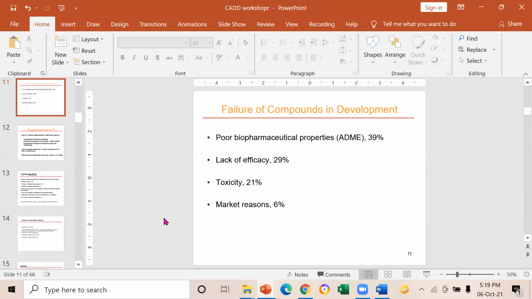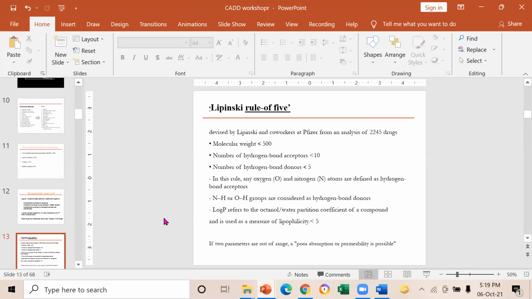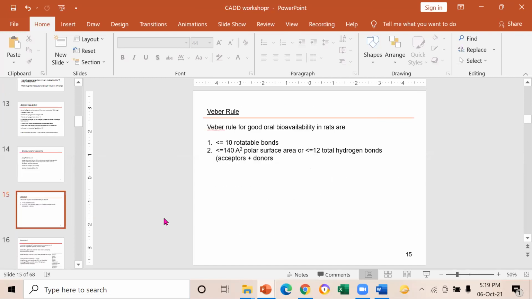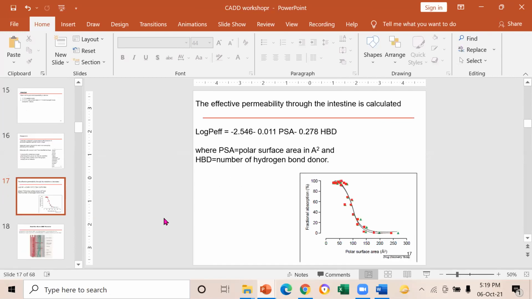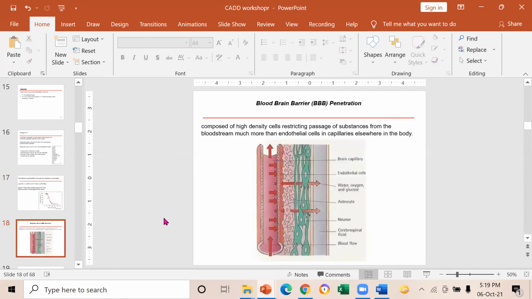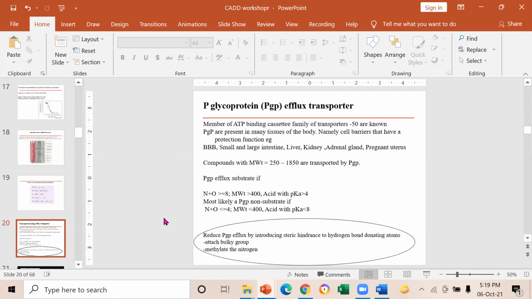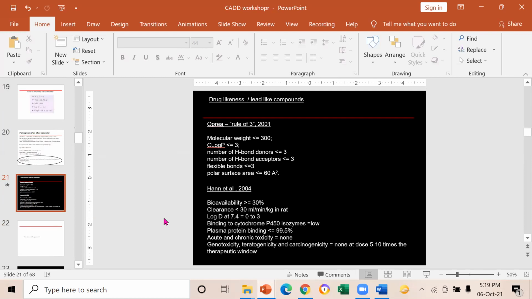Okay, so all these rules are there, which is Lipinski's rule, Ghose et al. rule, Veber rule, Muegge et al. rule, the total polar surface area, blood-brain barrier penetration, P-glycoprotein effects, then Egan rule, Han et al. rule. All these will help you to guess whether the molecule we are designing will have the drug likeness, the ADME properties, toxicity acceptable properties.